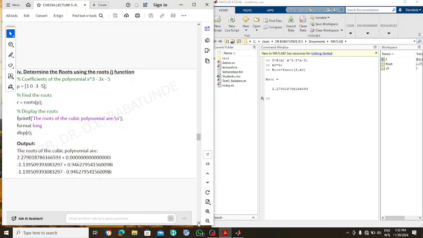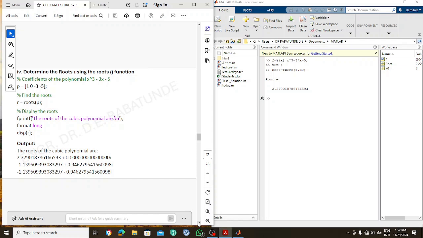If you are going to be using the roots function, the first thing is that you should create a vector that has the coefficients of all the powers that are in your polynomial.